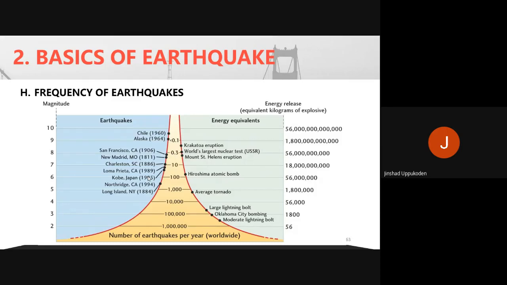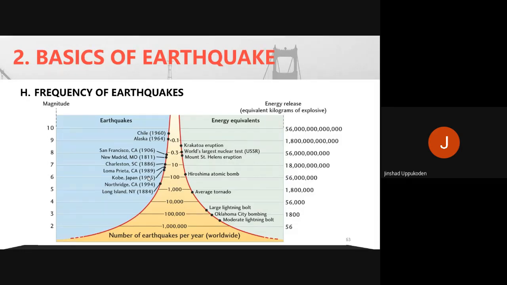As the magnitude increases, the number of earthquakes per year decreases. The different major earthquakes in the past are indicated here as examples.